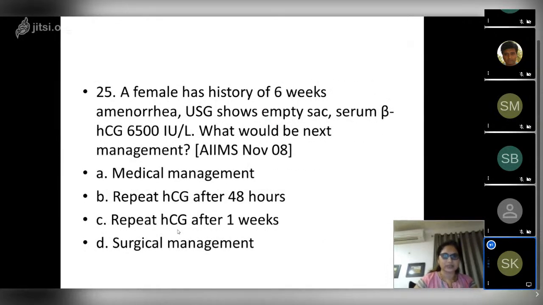Now coming to the next question. A female has history of 6 weeks amenorrhea. Ultrasonography shows empty sac. Serum beta HCG level is 6,500 international per liter. What would be the next management? Medical management, repeat HCG after 48 hours, repeat HCG after 1 week, or surgical management?